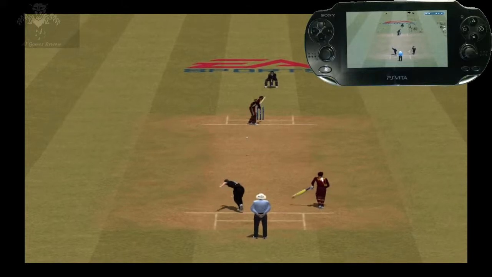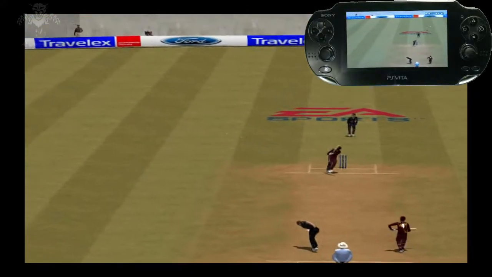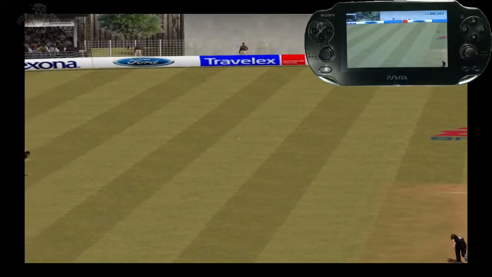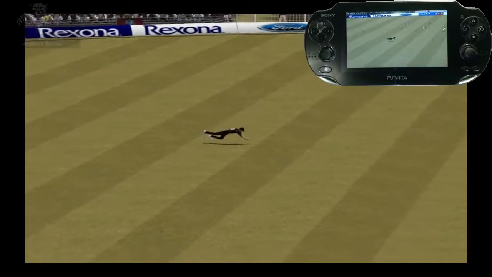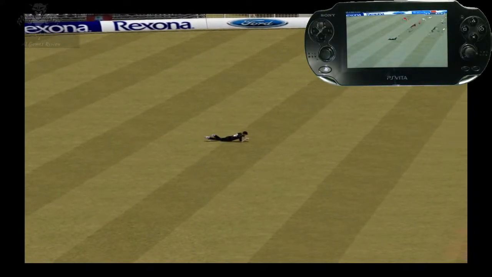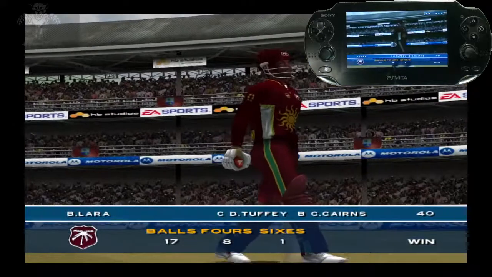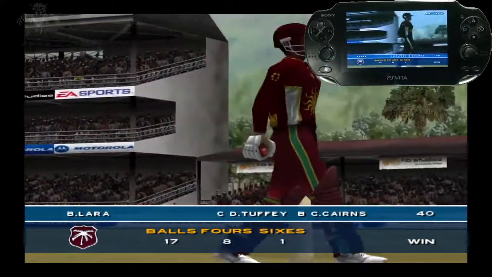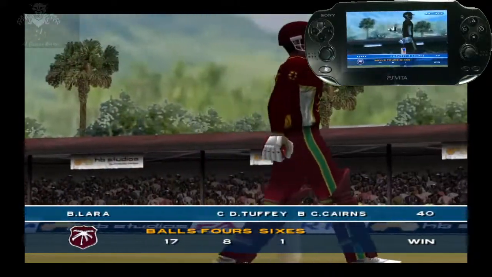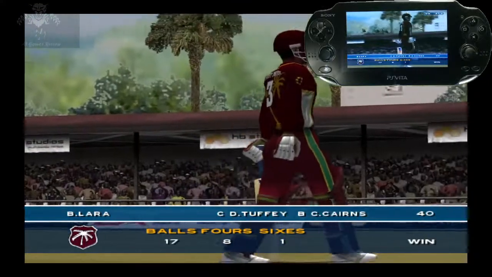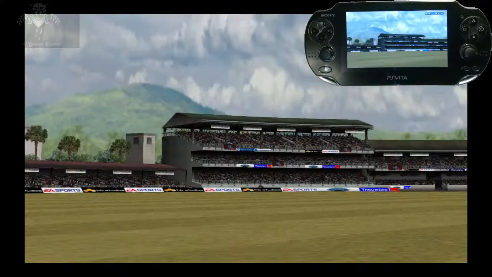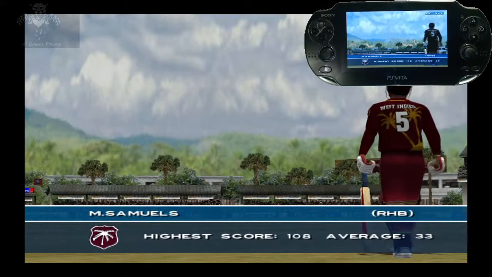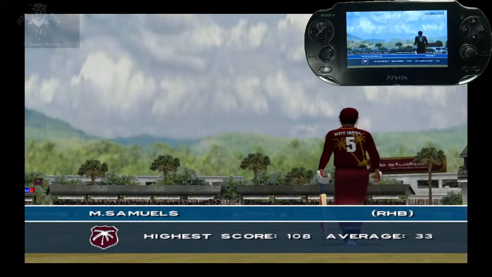This was the end of the innings for Lara. Lara is making his way back to the pavilion. He survived the difficult part and got his eye in only to lose concentration. The next batsman in is a right-handed Samuels.